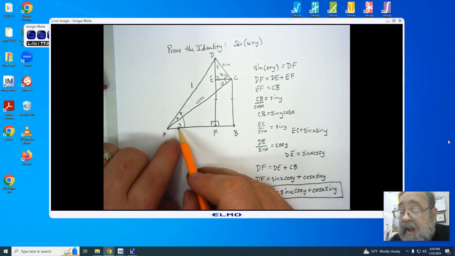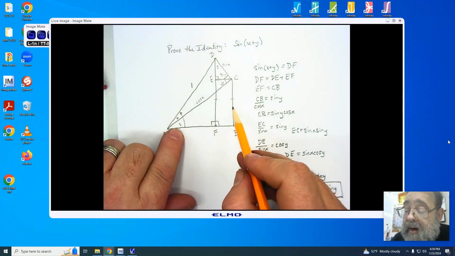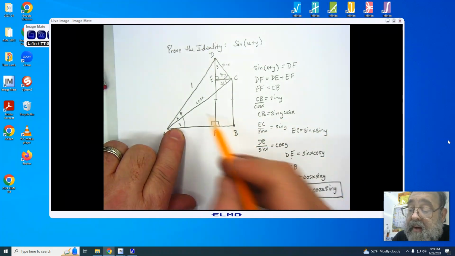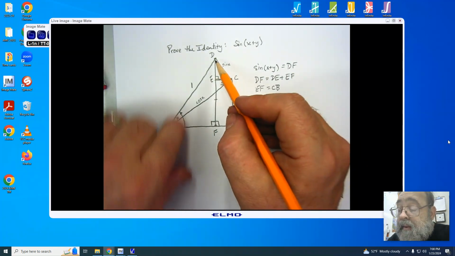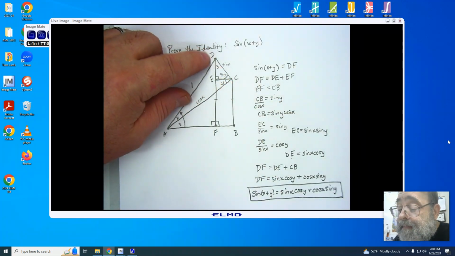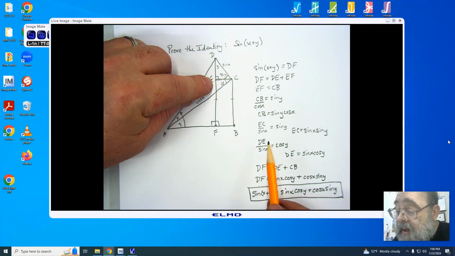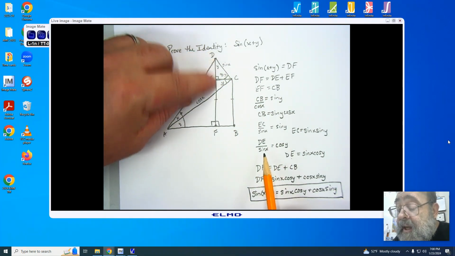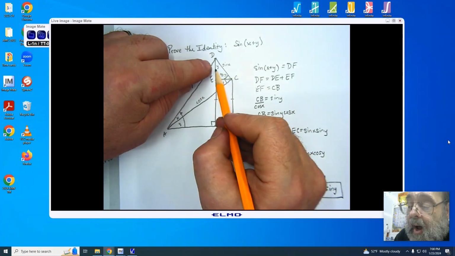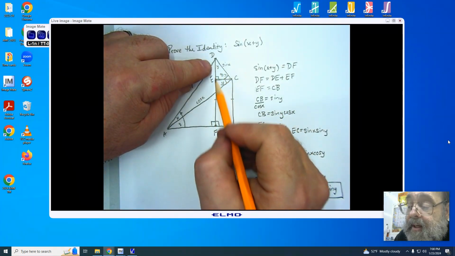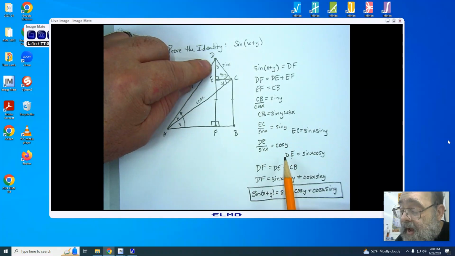Looking at angle y, I have the sine of y is CB divided by the cosine of x. From this triangle, the cosine of y has to be DE divided by the sine of x.